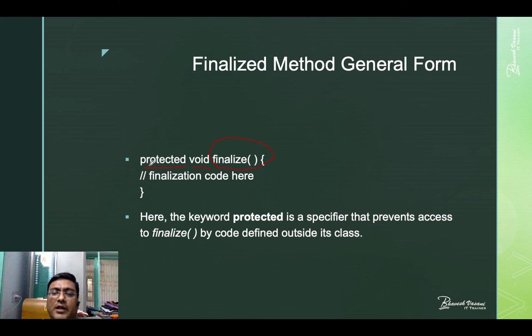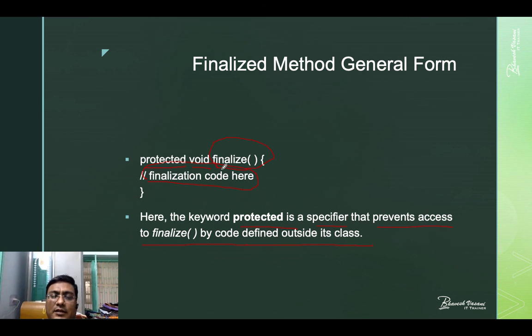So we write protected void finalize and then some code inside the finalize method's body. The keyword protected is a specifier that prevents access to finalize by code defined outside its class, which means code outside the class cannot access this method named finalize. So to achieve encapsulation, we use the protected keyword.